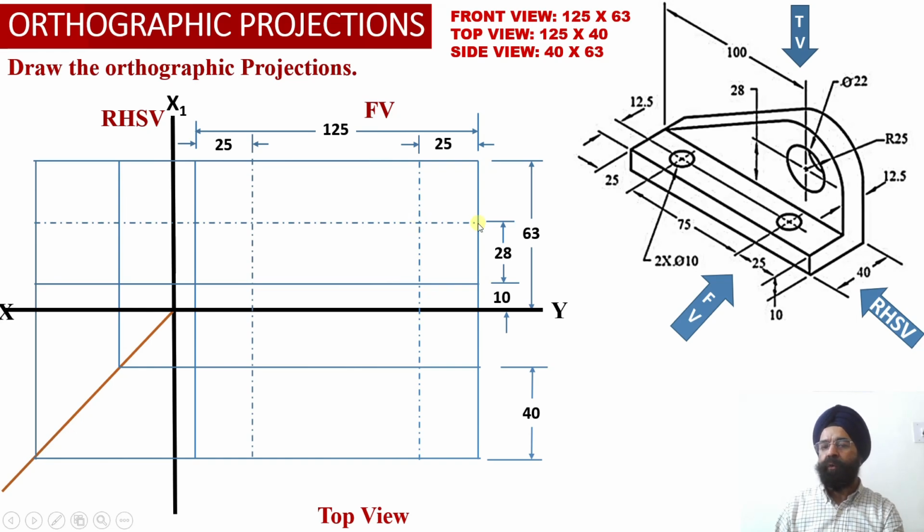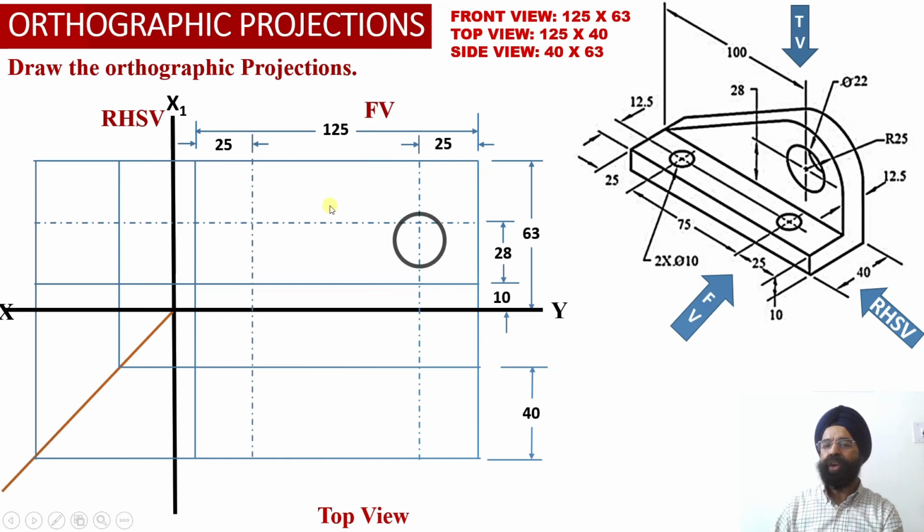So now one center line we have drawn at a height of 38 millimeter from the base, and this horizontal center line we have appropriately extended into the right hand side view projections.